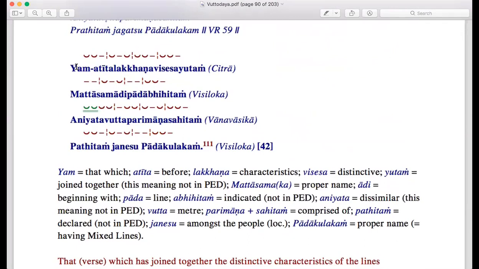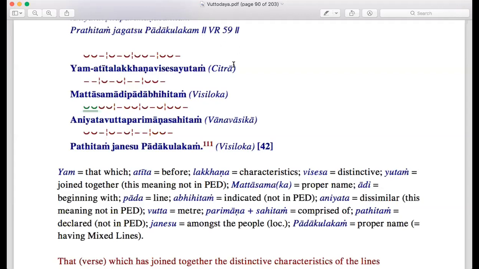Pada means line, Akula means mixed or confused. So Pada Akulaka means the verse which has lines mixed, lines confused.